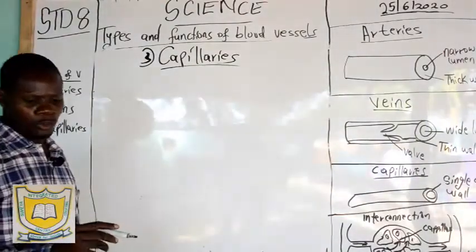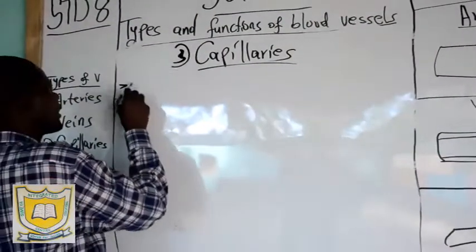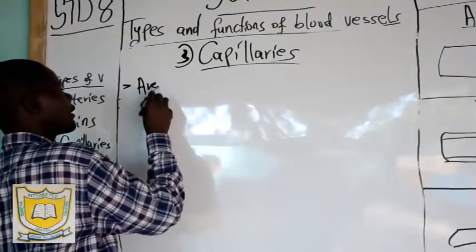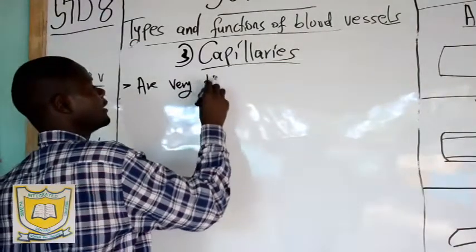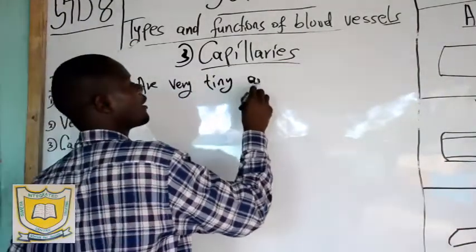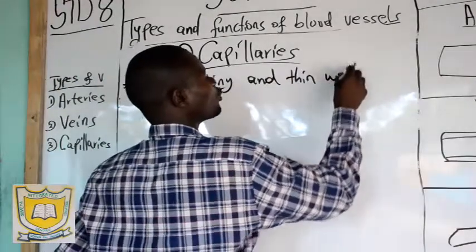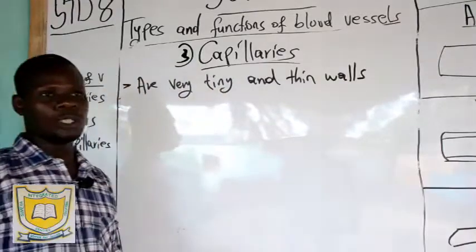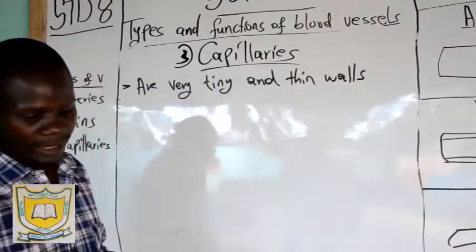Now, when you talk of the capillaries, these are very tiny and thin walls. We state that the wall of capillaries is only one cell.